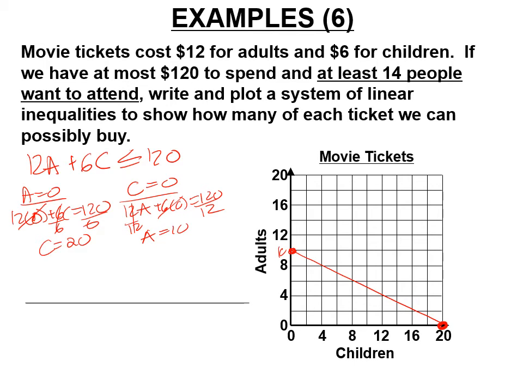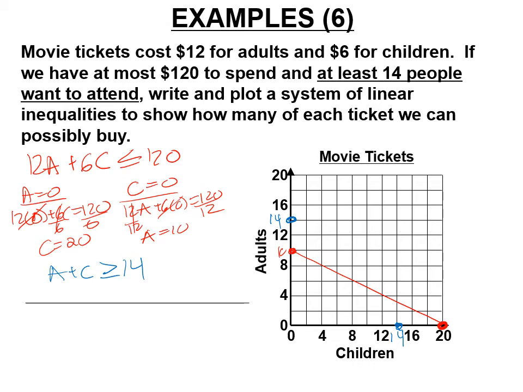So we have the adults plus the children, and we want greater than or equal to 14 is the other thing we have to graph. So 14 adults can go, or 14 children can go without supervision. And oh, I wrote the symbol backwards. At least is great. No, I wrote it right. Greater than or equal to 14.